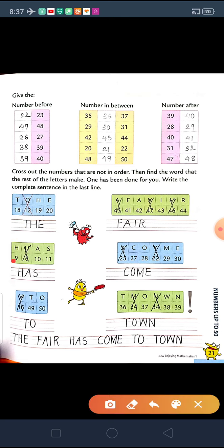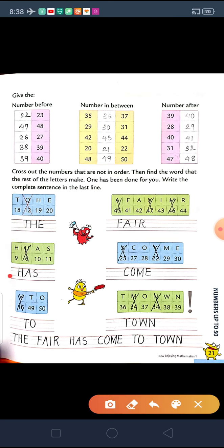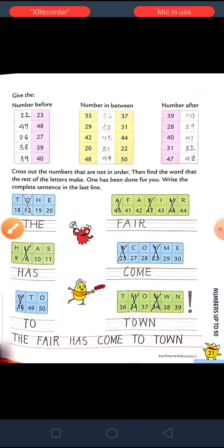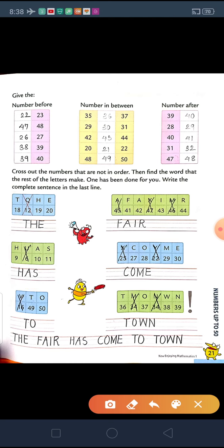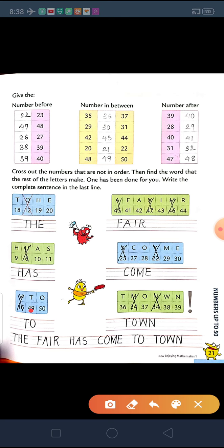Next is 9, 10, 11 comes in line, and 6 doesn't come in this line, so the word becomes has, has. Same way, see, 27, 28, 29, 30 is given, so the word becomes COME, come. And 49 and 50, so the word becomes TO. Then TOWN, town. So 36, 37, 38, 39, so the word is town.